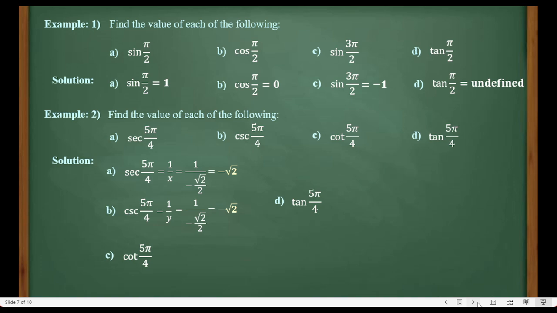Cotangent of 5 pi over 4, we have 1. Of course, the terminal side of 5 pi over 4 lies in the third quadrant, so it's 1. Then for letter D, tangent of 5 pi over 4 is also 1. Okay? Next.